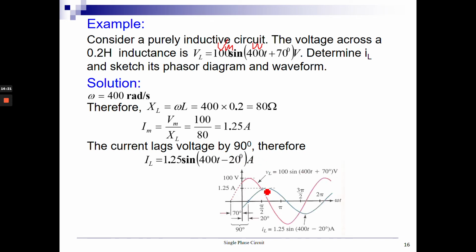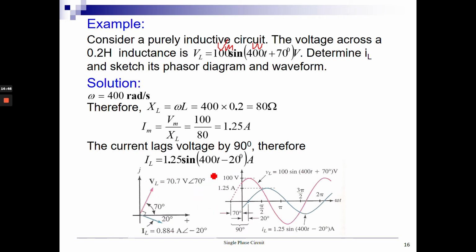So this is how you draw the waveform. So voltage is leading current, and then you just determine where is your Vm, where is your Im, and then your phase difference.